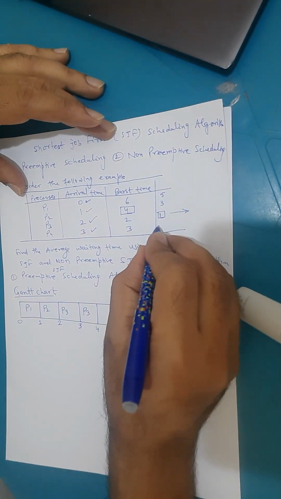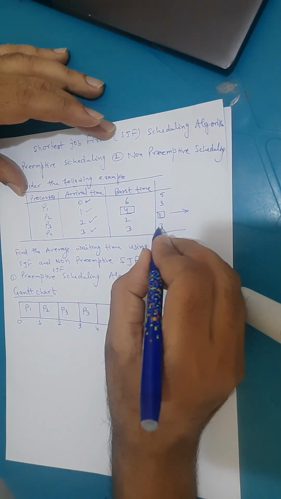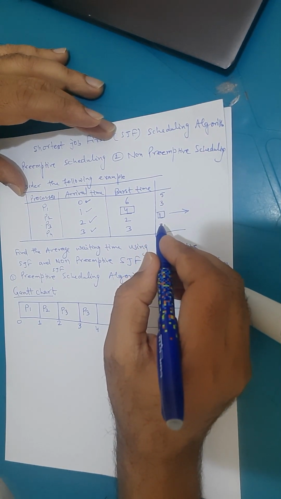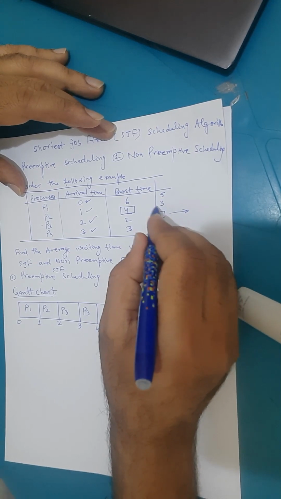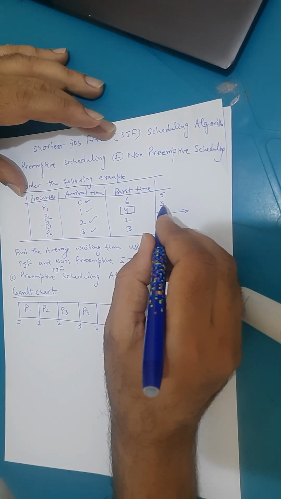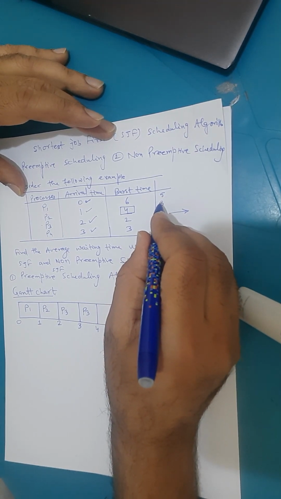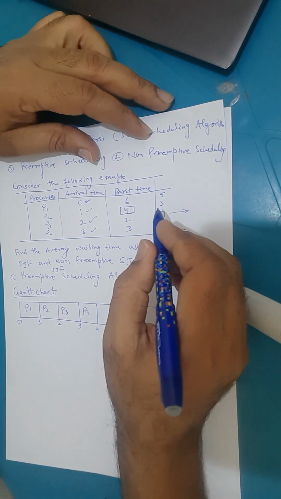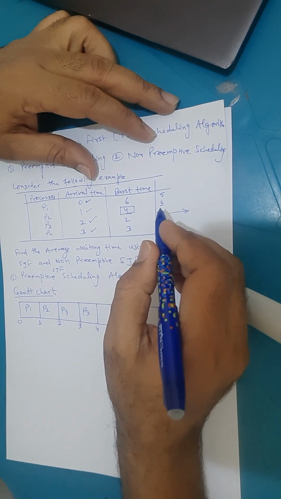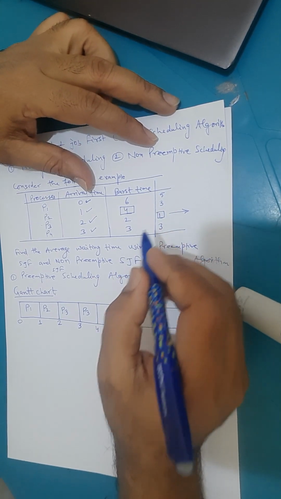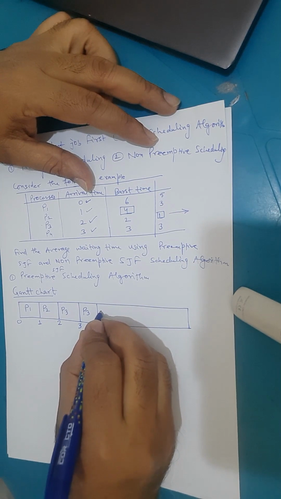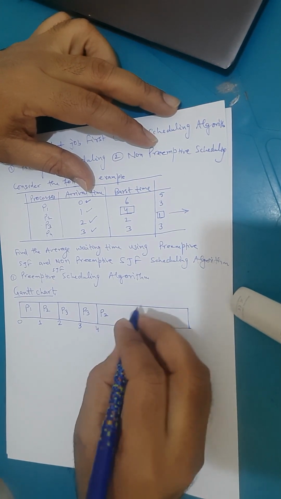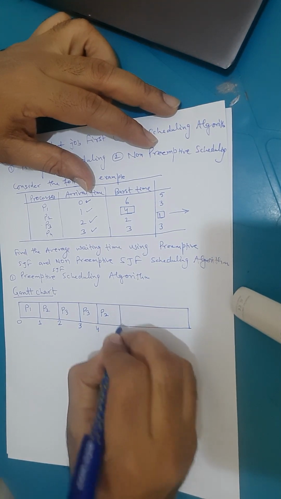Now there are other processes, P2 and P4. So which process will execute now? P2 will execute now because P2 enters before P4, right? So on a first come first served basis, you will consider P2. Now P2 will execute up to 7, right?